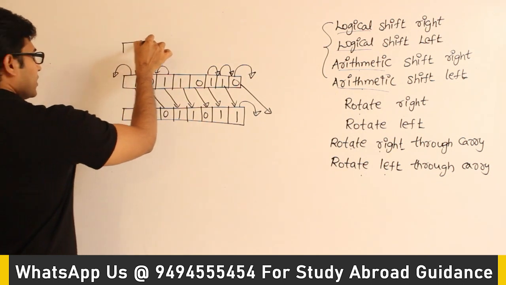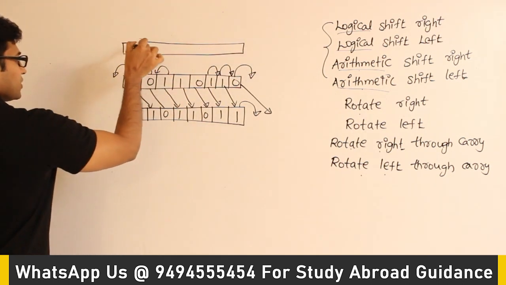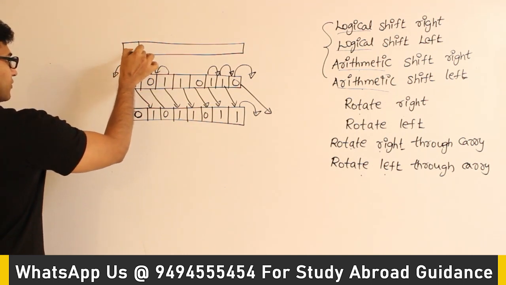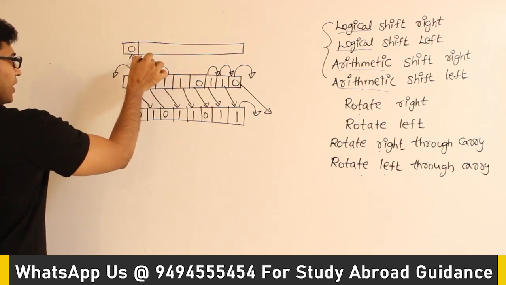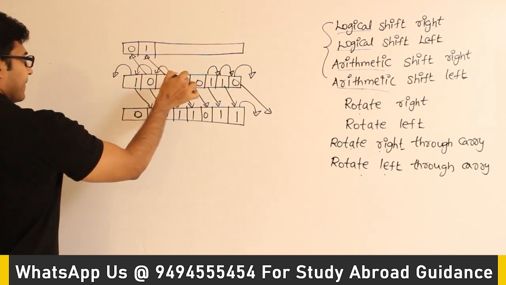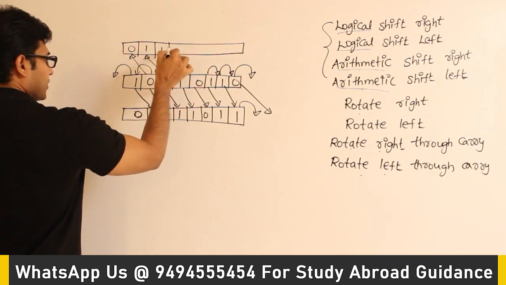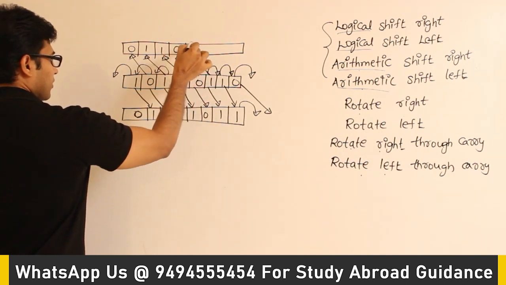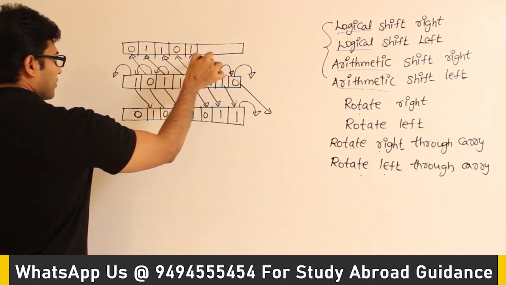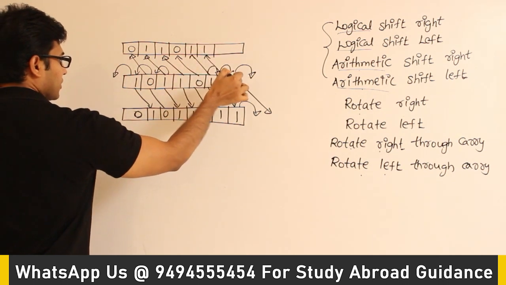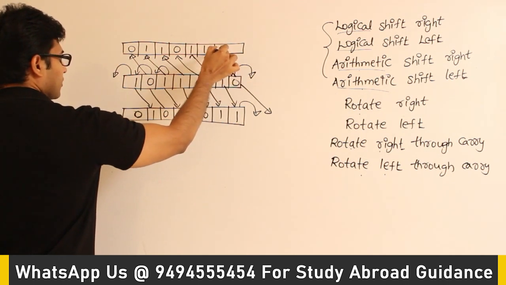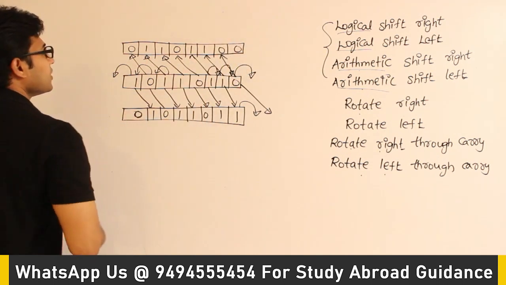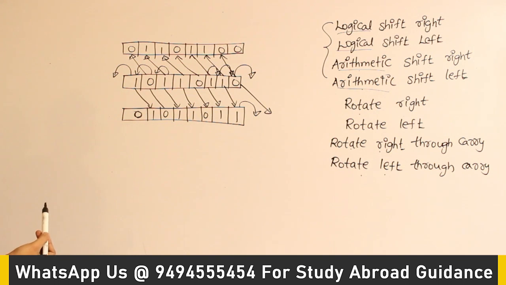So in shift left, this will fall off, the 0 will come here, then 1 will come here, then the next one, 0 will come here, 1 will come here, 1 here, 0 here, and finally there is nothing at the end, therefore 0 will be appended.